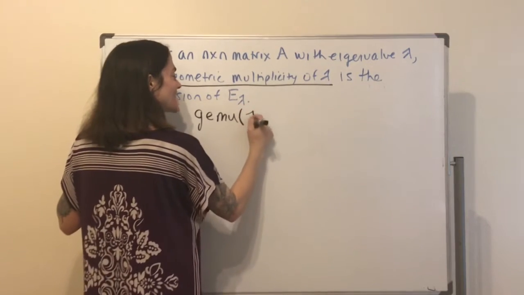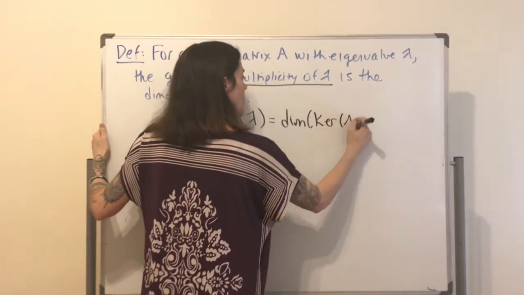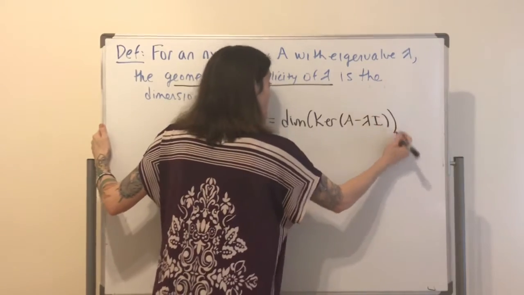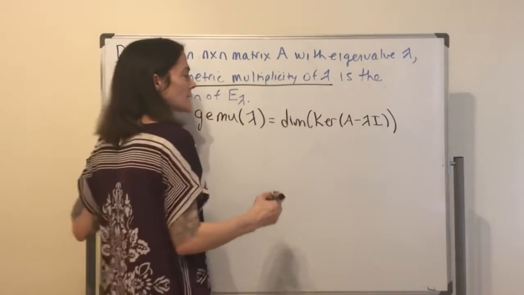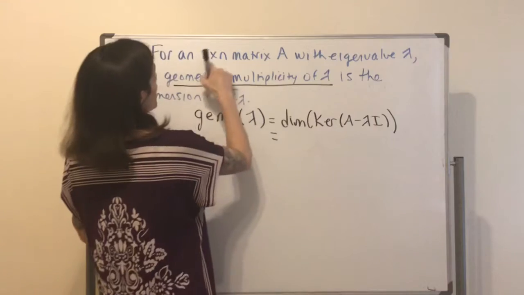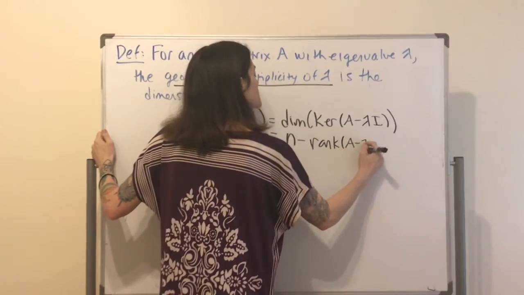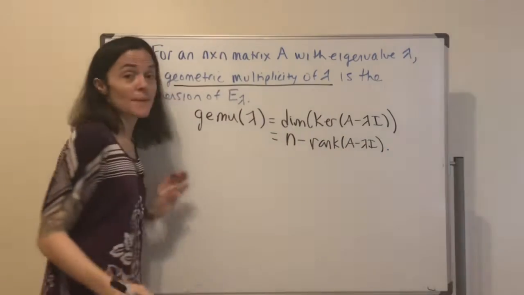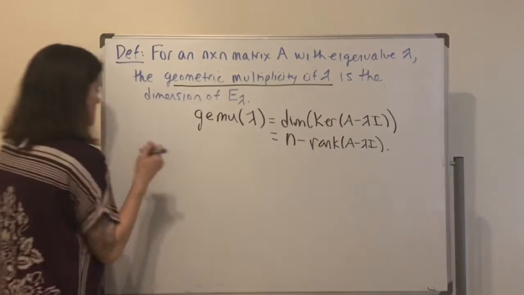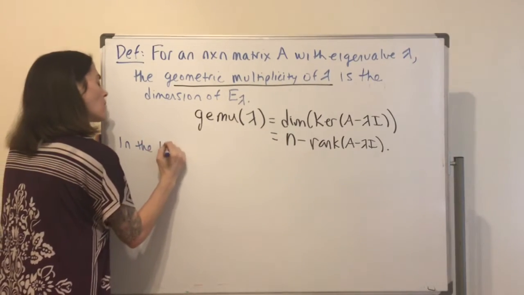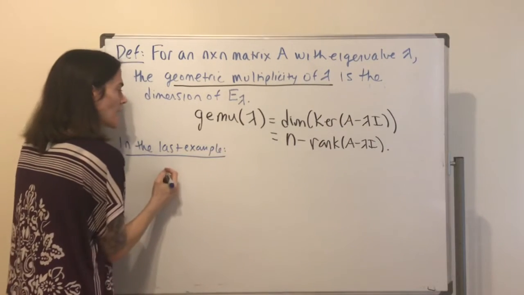This is the dimension of the kernel of A minus lambda I. Another way to think about this, and I've been stating this in some of the examples to help me realize I had enough vectors, is this is going to be, n by n, good, n minus the rank of A minus lambda I. This is the geometric multiplicity, and just to connect this to the example we just saw, in the last example, we had two eigenvalues.